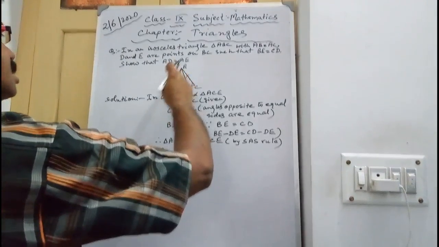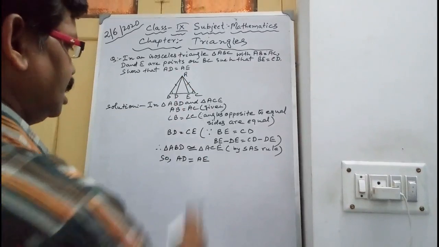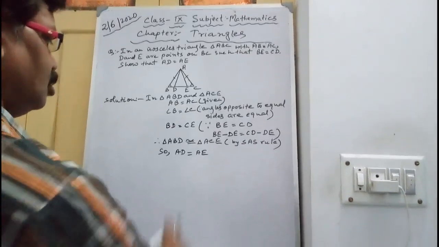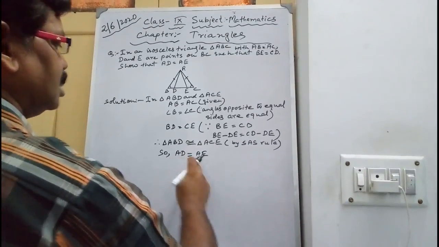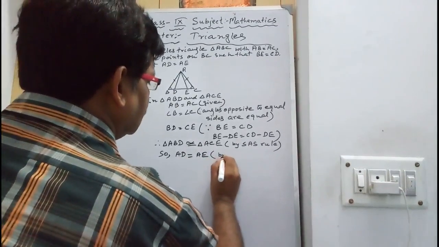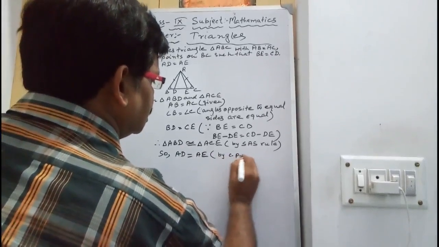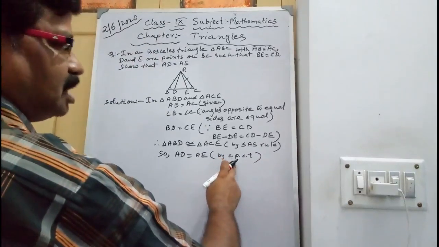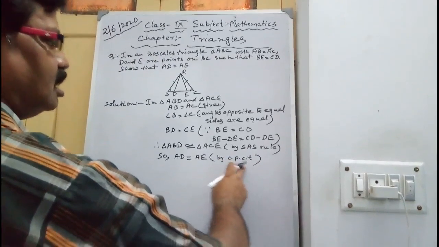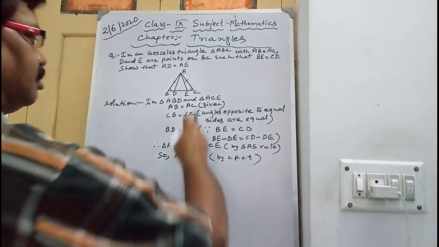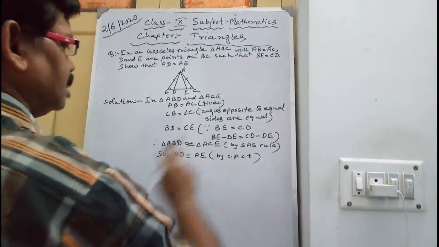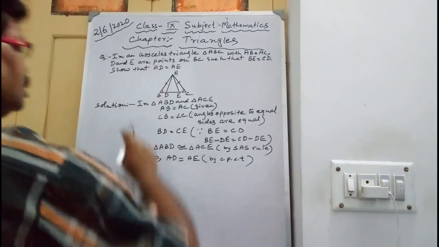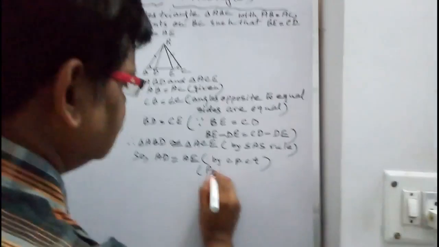AD is the side of triangle ABD and AE is the side of triangle ACE. So AD equal to AE by CPCT, that means corresponding parts of congruent triangles. This you will write after you prove that they are congruent. So you got that, proved.